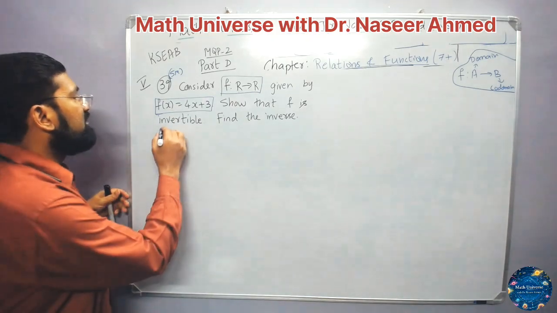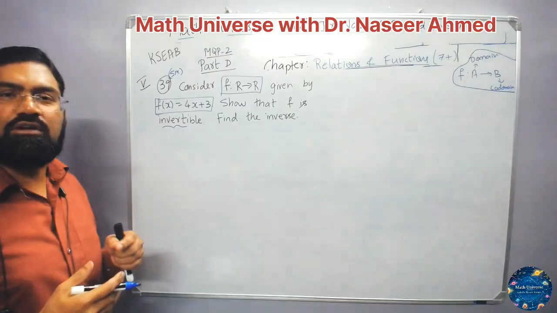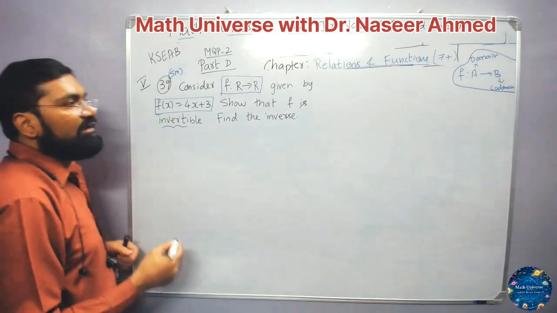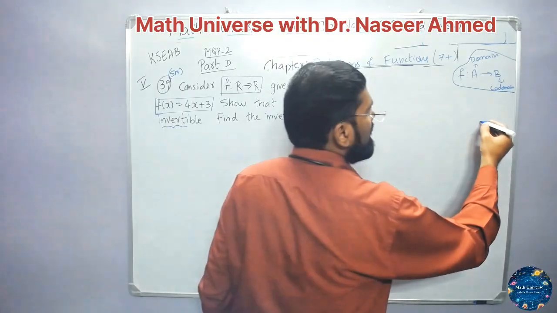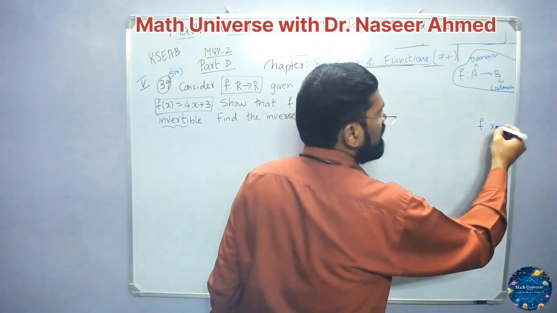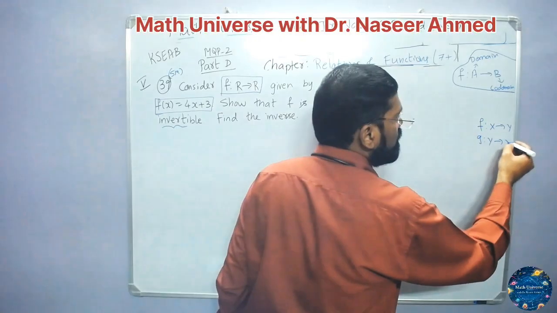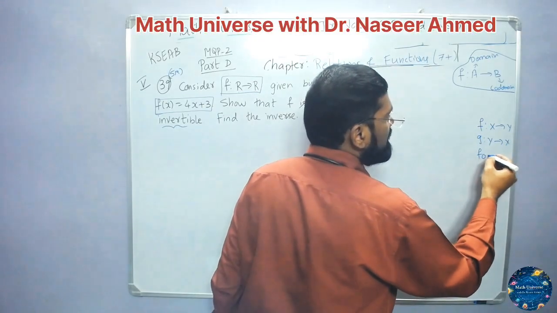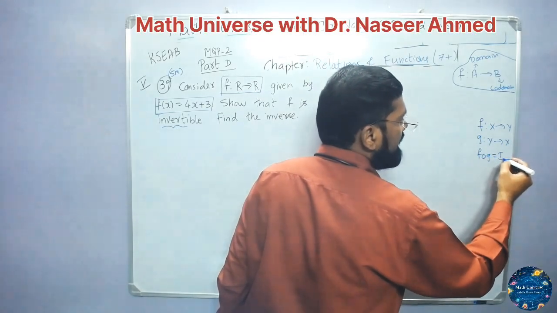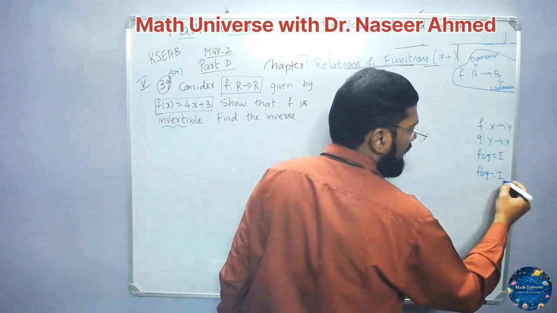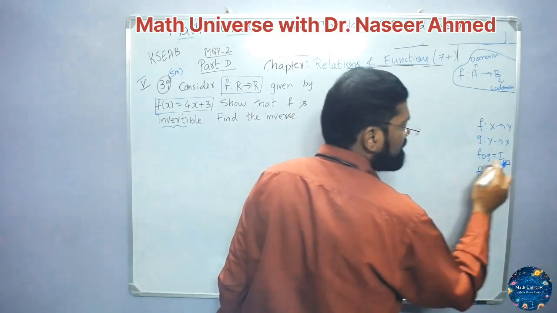Since the word invertible is used, we are going to use the concept of an invertible function. Don't forget: if f is a function from X to Y, then g should be a function from Y to X such that g composition f is identity and f composition g is identity. Here I should write the domain of the rightmost function.